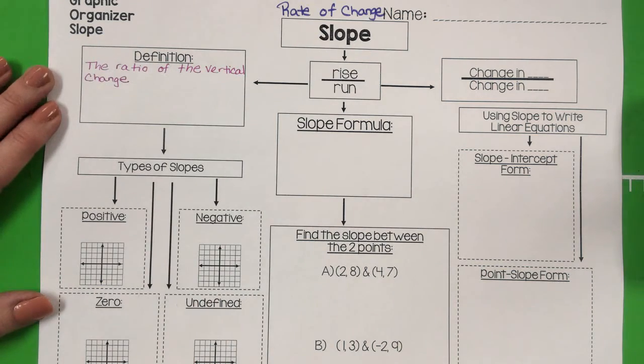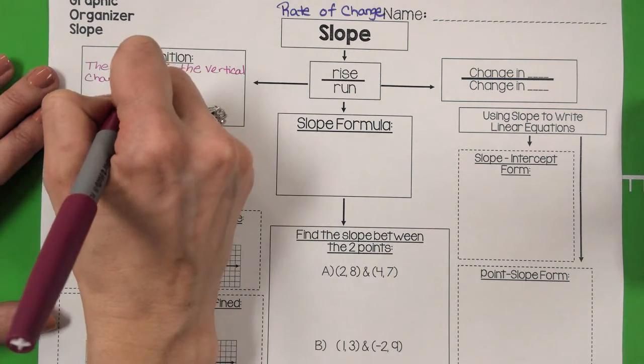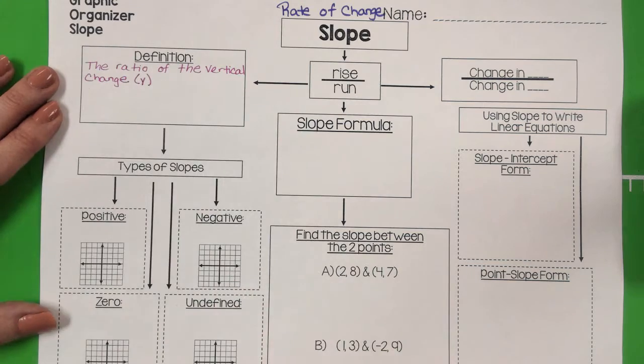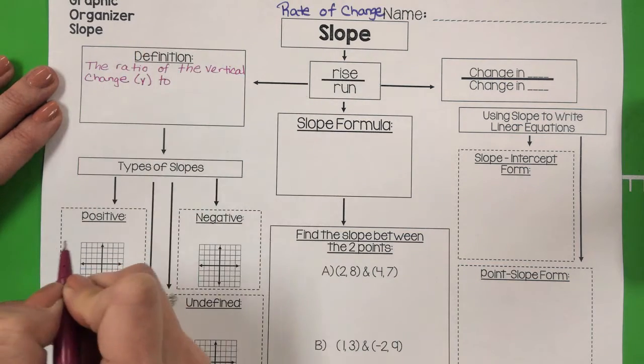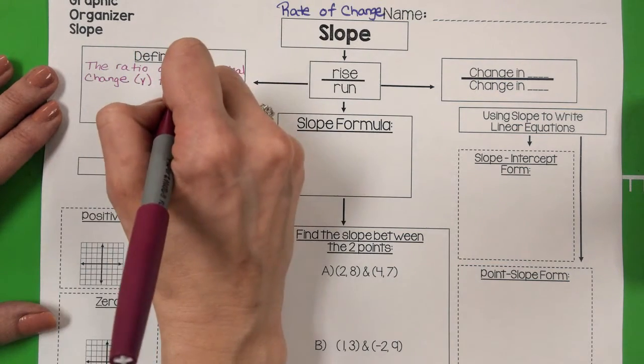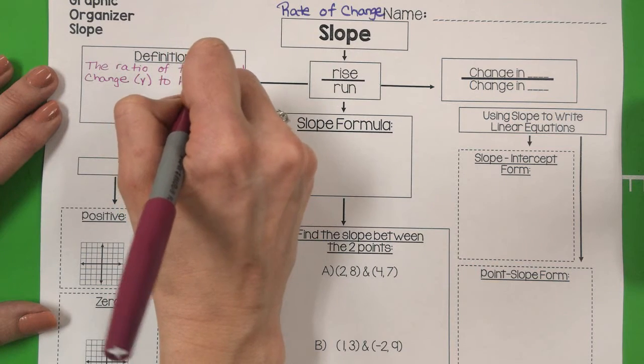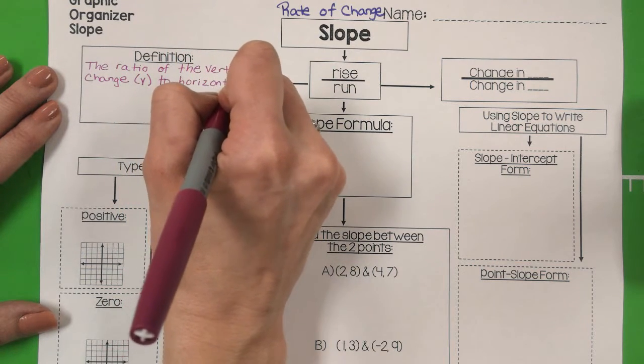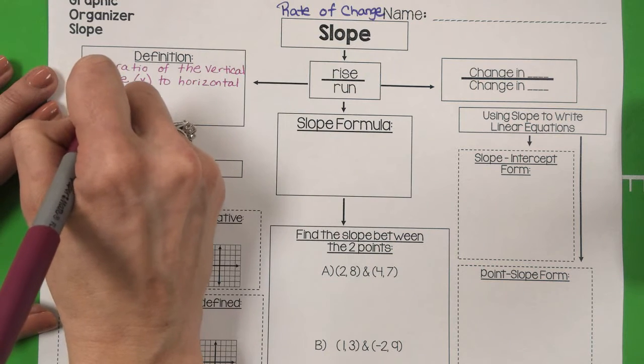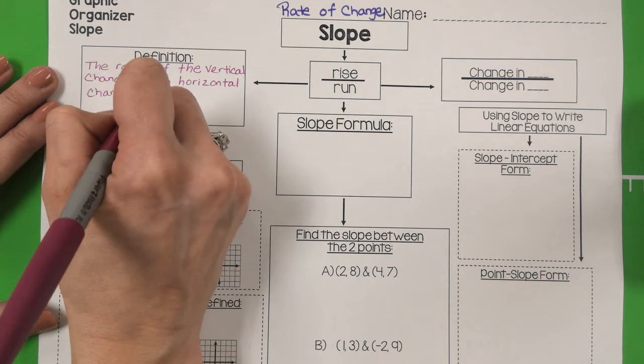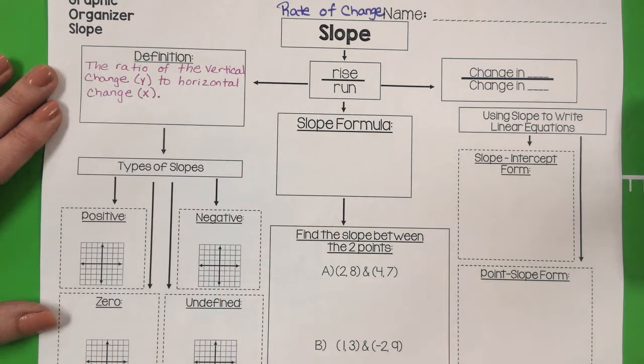We get vertical on a graph from going up and down, and that's the y coordinates. So it's a ratio of the vertical change to the horizontal change. Horizontal is left to right, so that's your x coordinate.